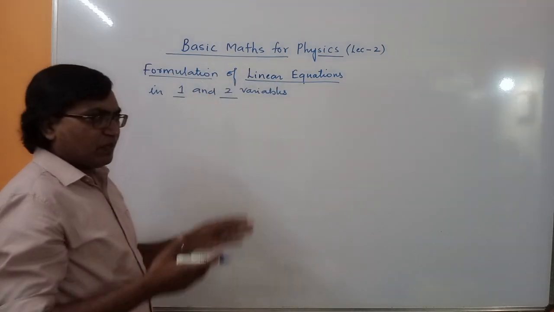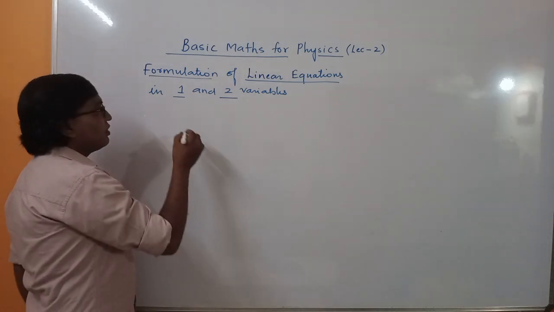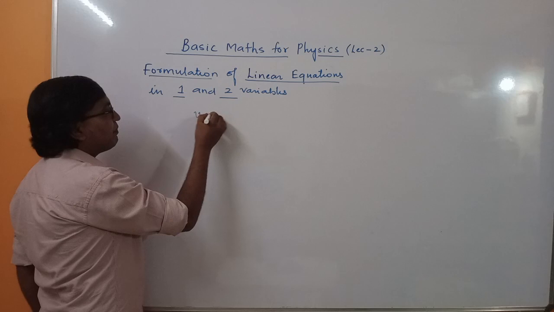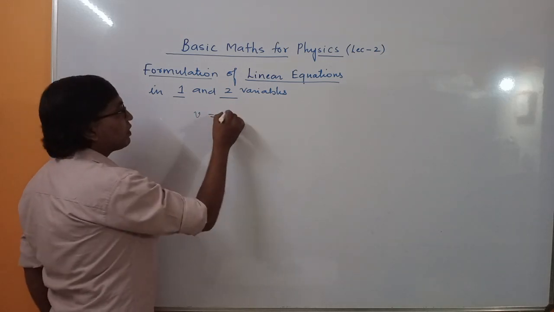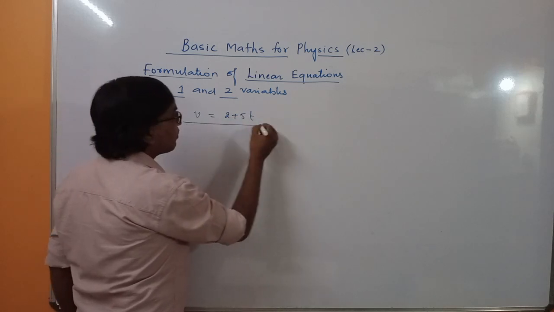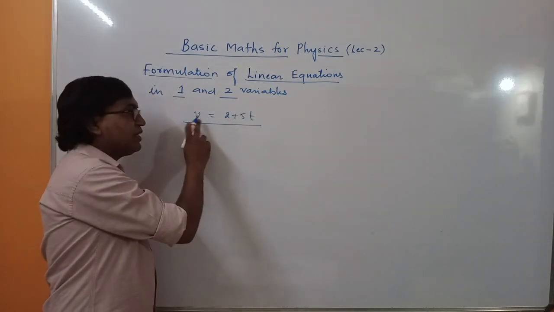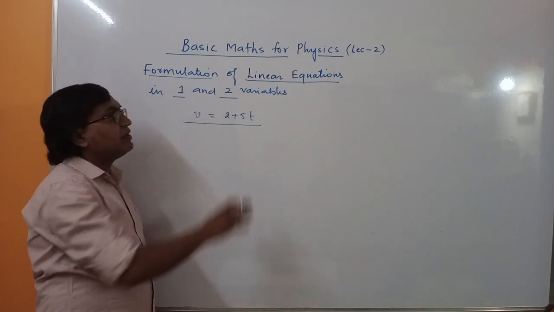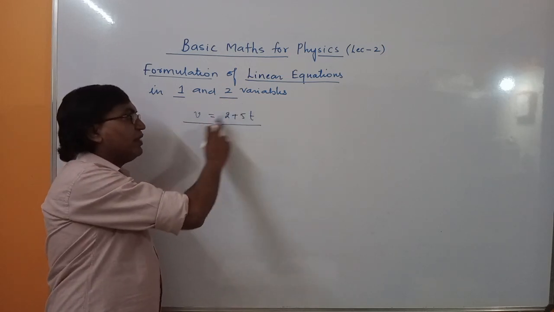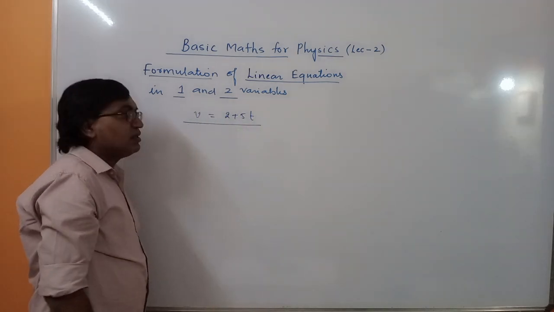Okay, so you have many equations in two variables in physics. So if I say speed of a particle is equal to 2 plus 5t, this is a linear equation. Here two variables, velocity and time, are variables.